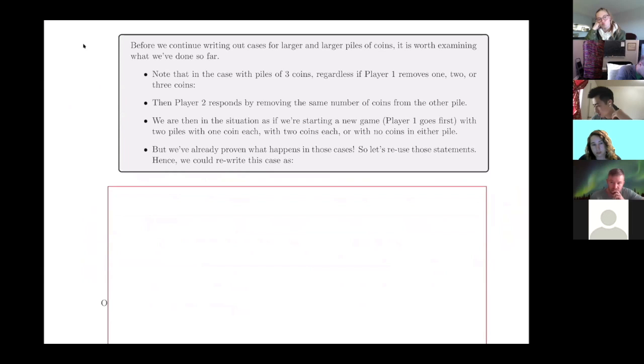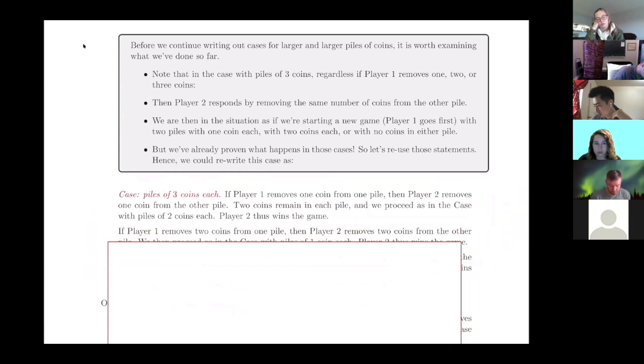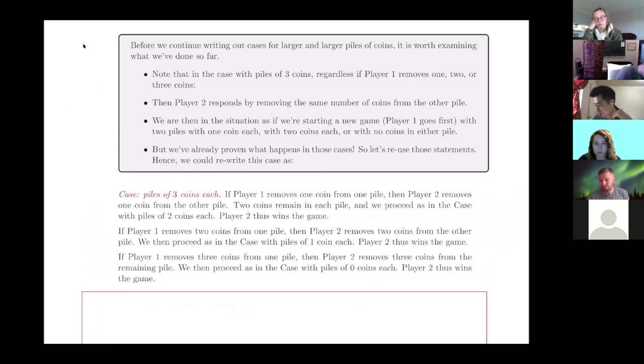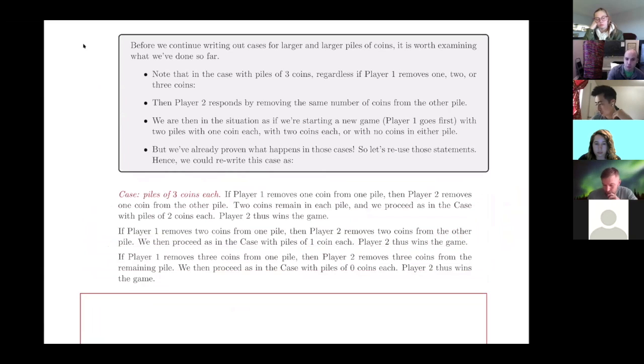So rather than rewrite those arguments, we can do the following for the case of 3 to write this more succinctly. Player 1 removes 1 coin, player 2 removes 1 coin, and then we can proceed as the previous case.